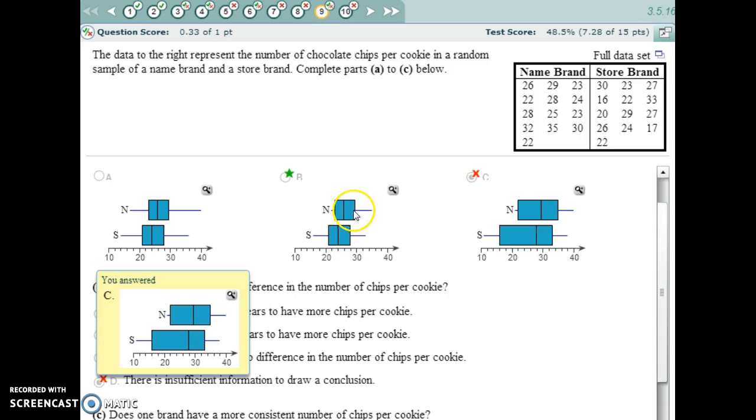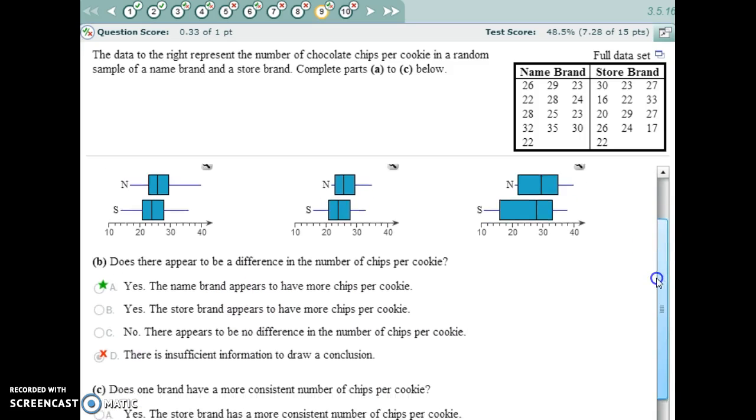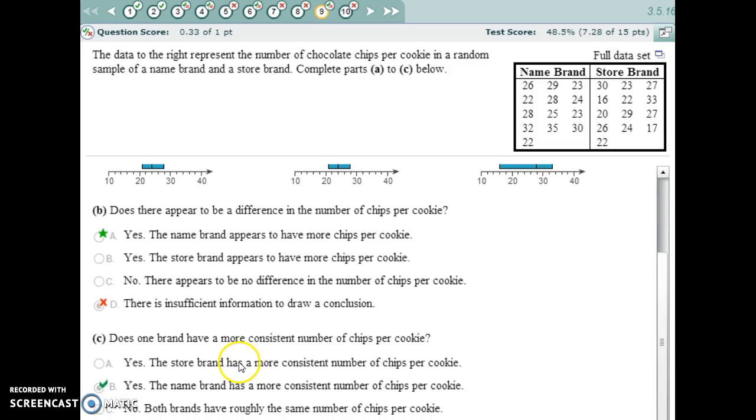And our low end, the cookies that really don't have a lot, doesn't go down near as far as the store brand. So the store brand's going to have a bunch of cookies with hardly any chocolate chips. So just because this whole box and whisker is shifted higher, it does appear the name brand has more chips per cookie. I think you got this next part right.